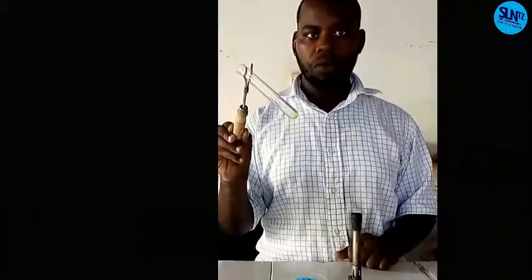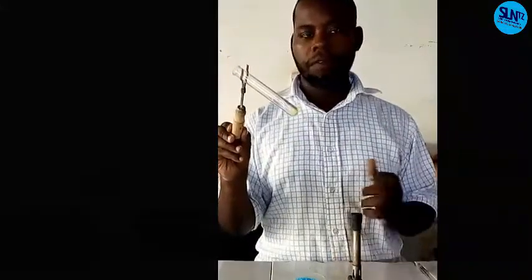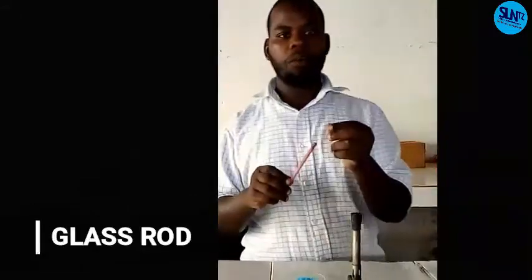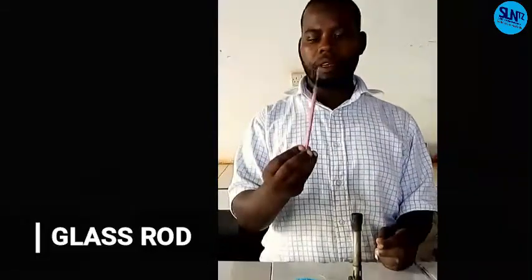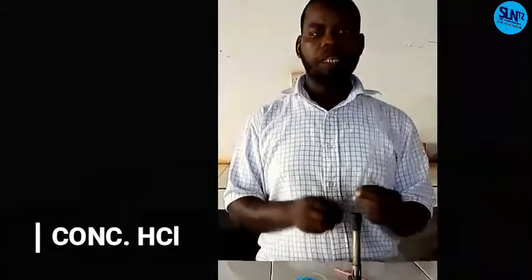Now I have the apparatus I'm going to use. I have a test tube, which can also be used in flame testing. Another apparatus I have here is a nichrome wire, prepared and fixed on a pen. This is a nichrome wire, but you can use a glass rod also.